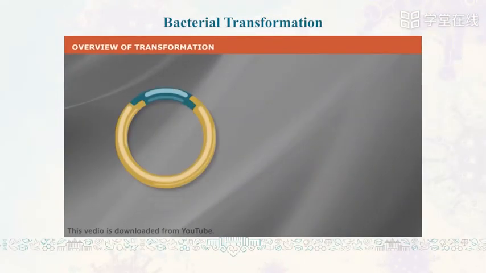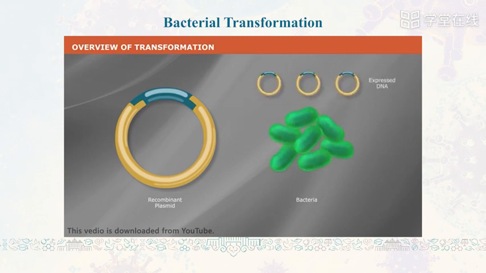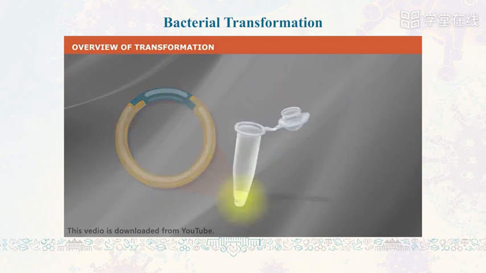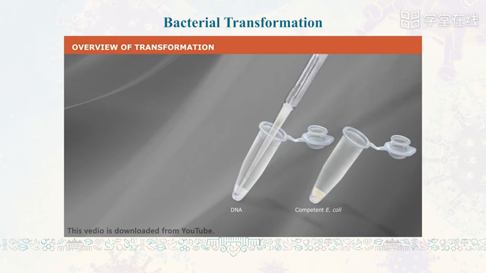Transformation is the process by which DNA is introduced into bacteria. Bacteria can then replicate and express that DNA, which can be isolated for downstream applications. Artificial transformation of bacteria involves producing competent cells capable of exogenous DNA uptake.